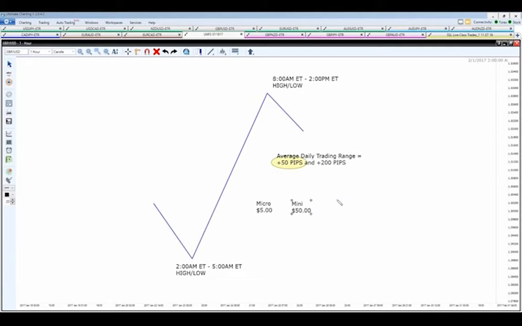And then you have the standard lot, which at $10 per pip, now we're talking $500 per currency pair per day. The micro lot is at a $20 investment per trade, the mini lot about $200, and the standard lot about $2,000 per trade.